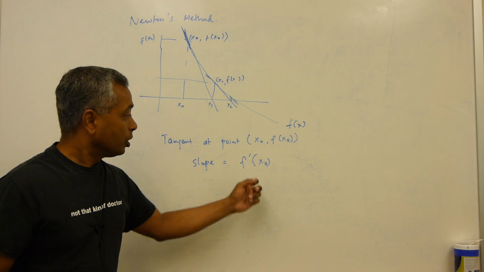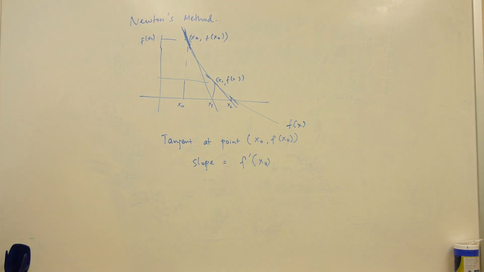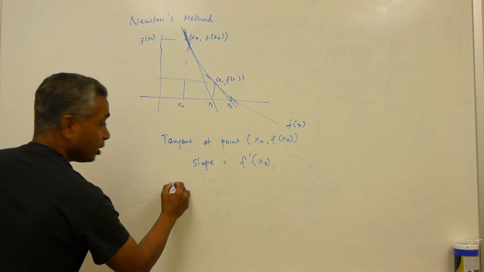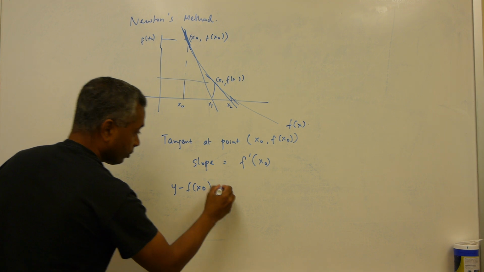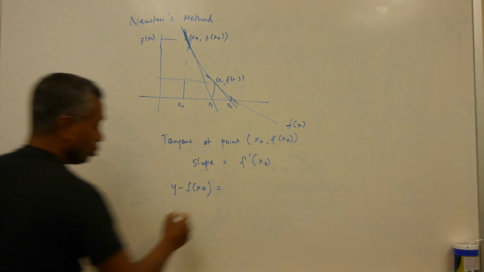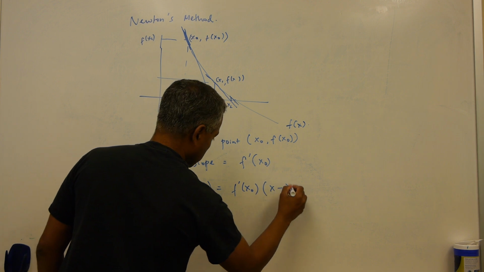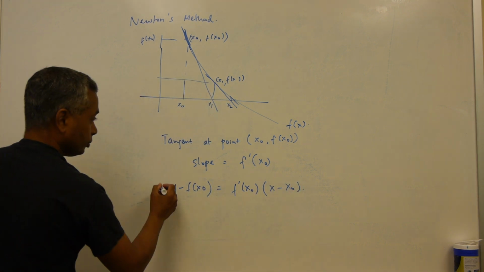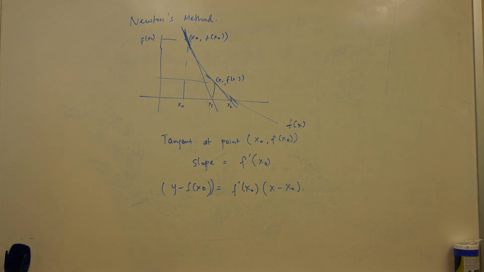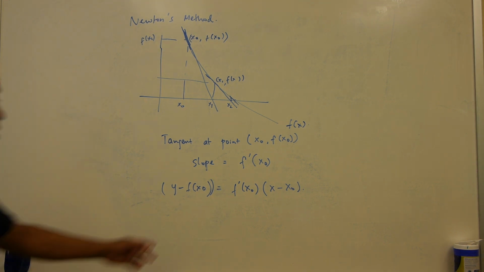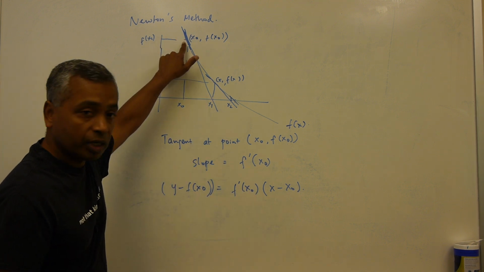So you're given the slope of the line and you're given one point of the line. You can just write the equation of the line, which is simply y minus f of x0 equals the slope, which is f prime of x0 times x minus x0. So this is the equation of the line that runs through this particular point.